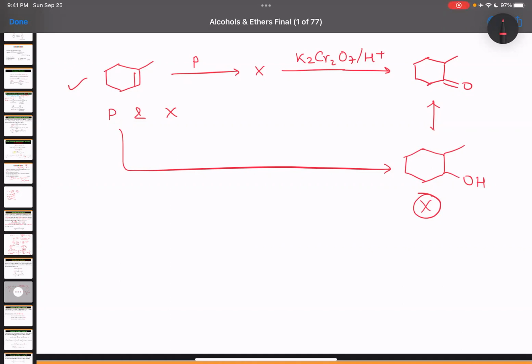This is anti-Markovnikov addition of water. Very, very important. The one method we have seen in this chapter only. Tell me quickly.